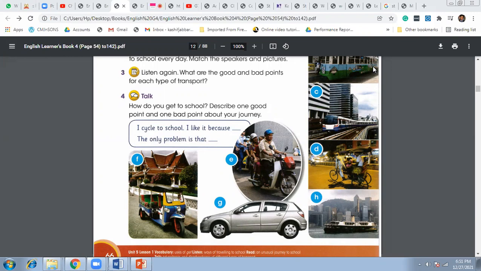The bus takes me second, I sit on the bus, then I sleep in the bus. I come tired from the bus. I want to go very fast to school. And the good thing, the bus is very fast. This is the best thing. Okay, that is great. Very nice.